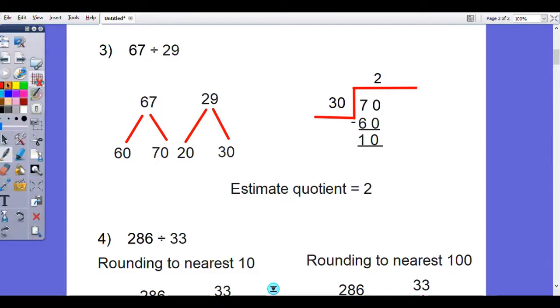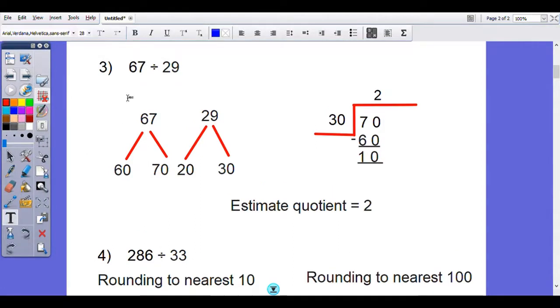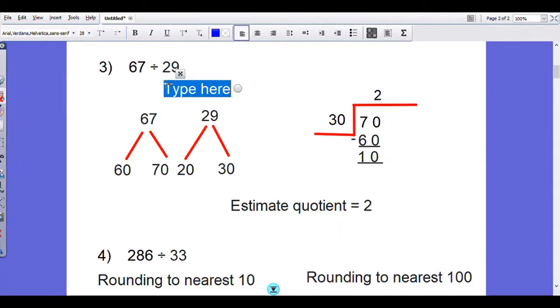So your division will become 70 divided by 30, since 29 becomes nearest to 30. Now your division becomes like this after rounding.